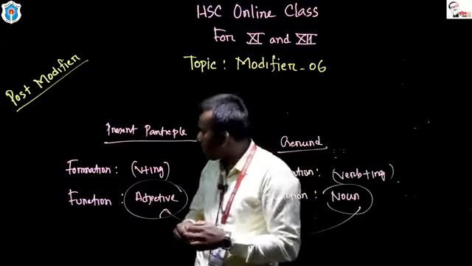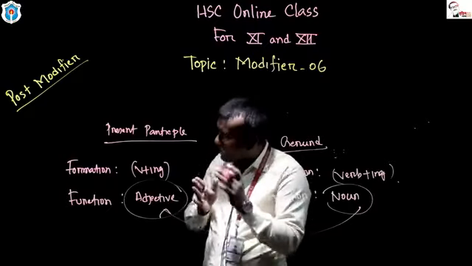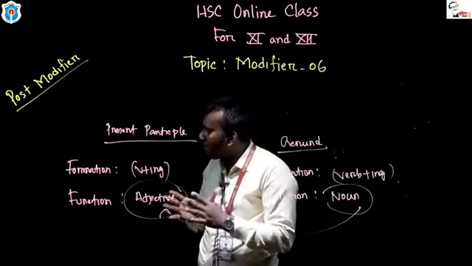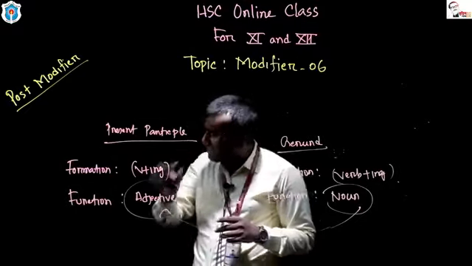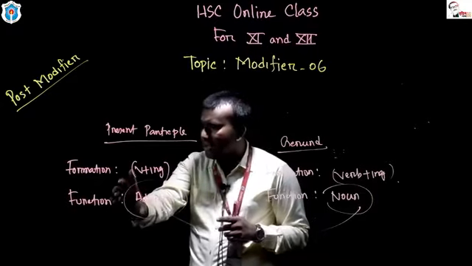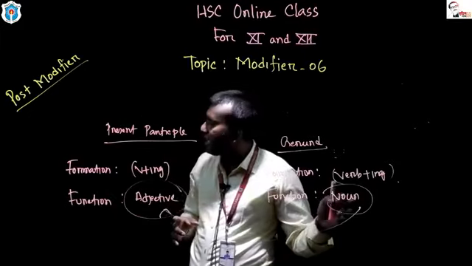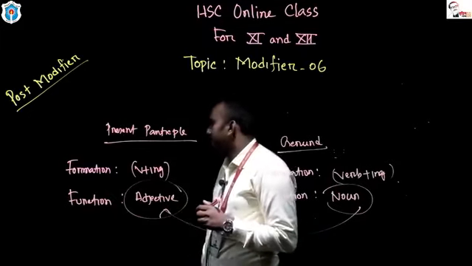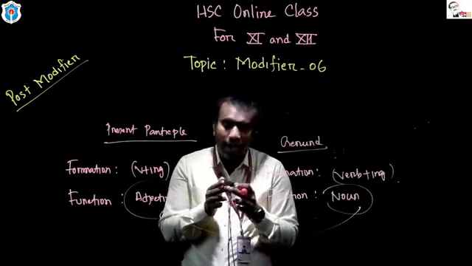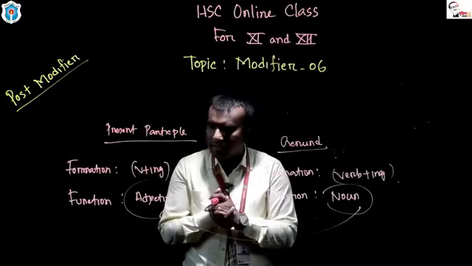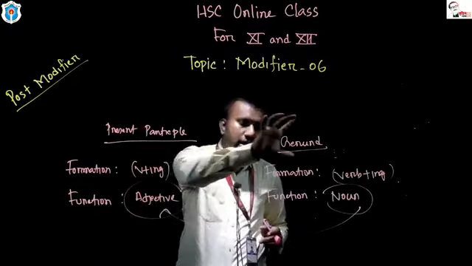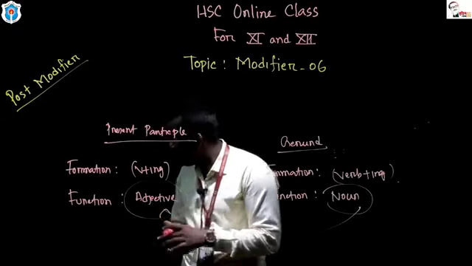So if you get any ing-added verb, you have to calculate whether this verb works as adjective or noun. If you find that this verb works as adjective, it will be called present participle, and in terms of working as noun, it will be called gerund. So both present participle and gerund are structurally the same, but they work differently. Present participle works as adjective and gerund works as noun. Clear to you, my dear student?